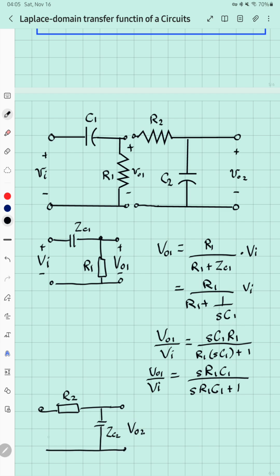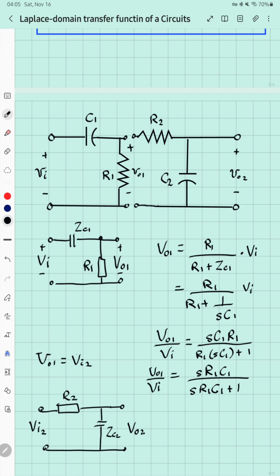And our V in, let's say this is V in input 2, where V output of 1 is V input of 2.